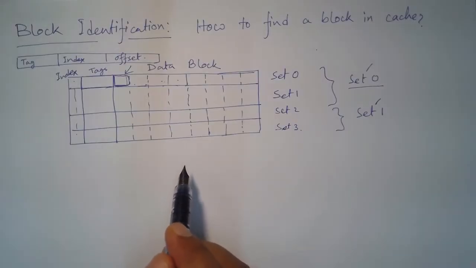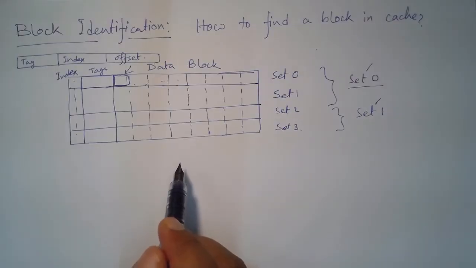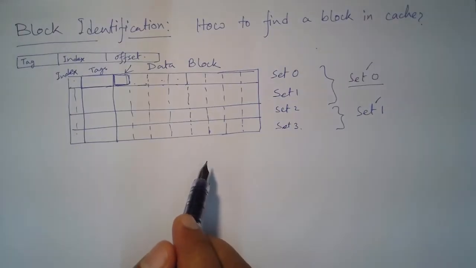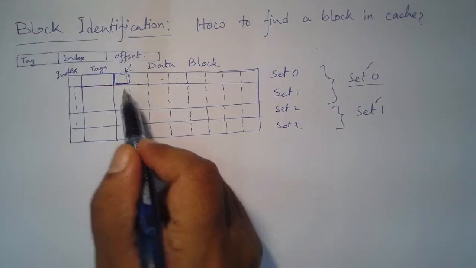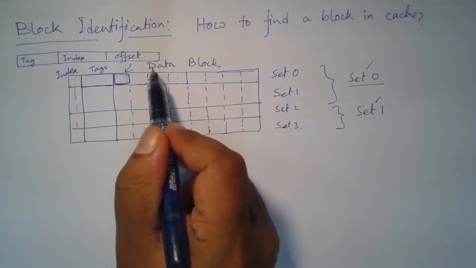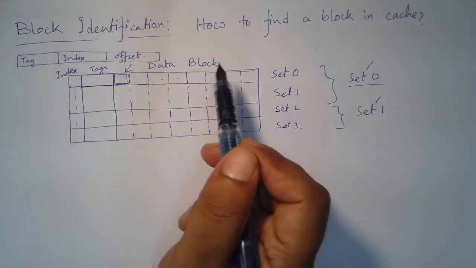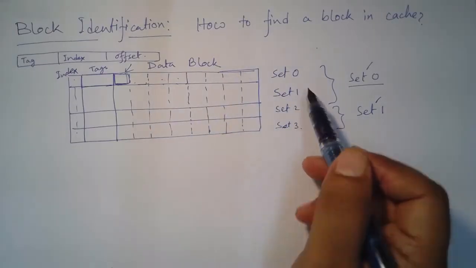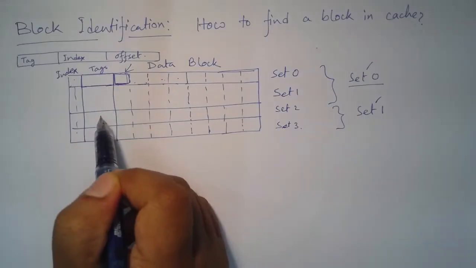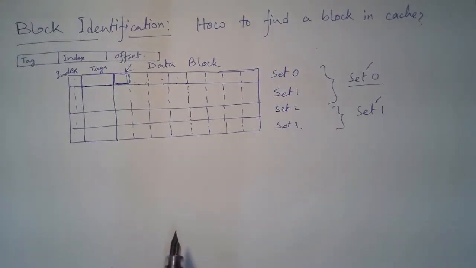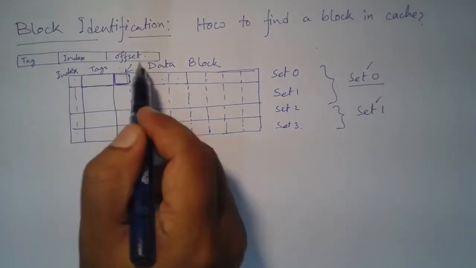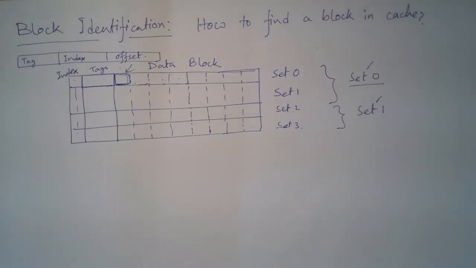Do let me know if you have any question. What we have seen is that depending on what kind of cache it is, our way of cache block identification also varies to some extent. If it is a set associative cache, the tag values in the same set will remain the same, the index will change, and that will tell which particular block in the set we are looking at, and then the offset tells us which particular data we are looking at.